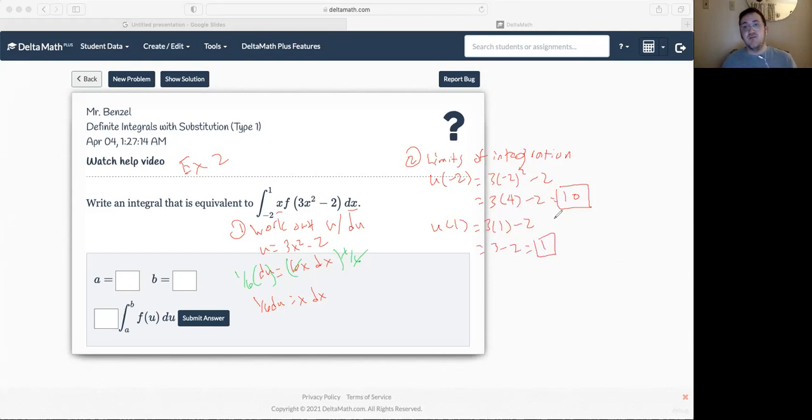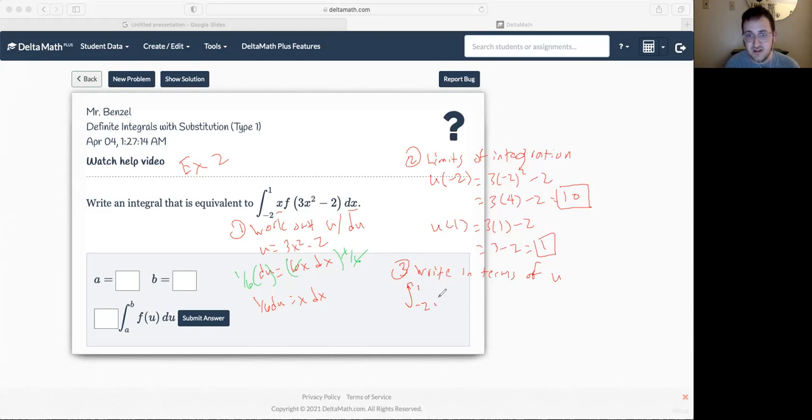And then I want to write this in terms of u. What I would do for this one, you don't have to do this step, but I like to, is write the original integral a little bit out of order.